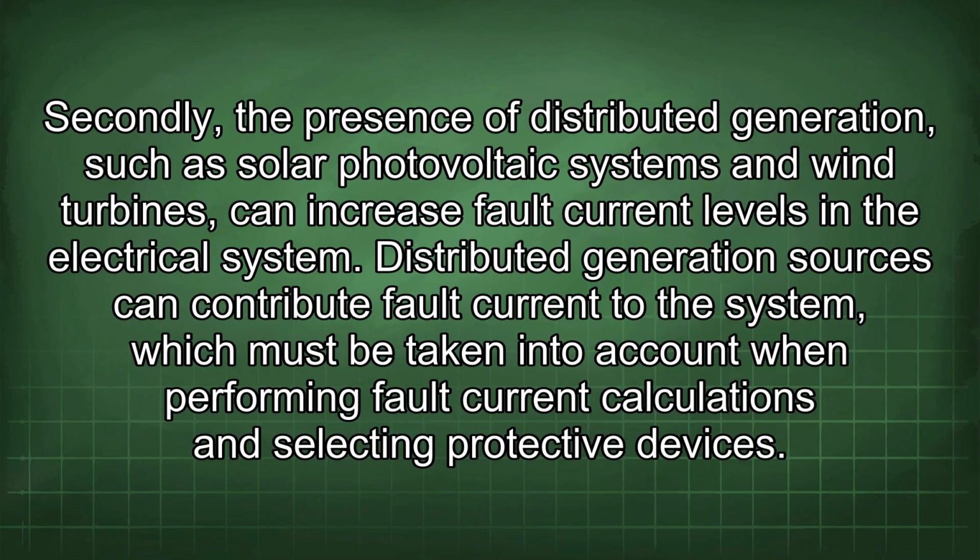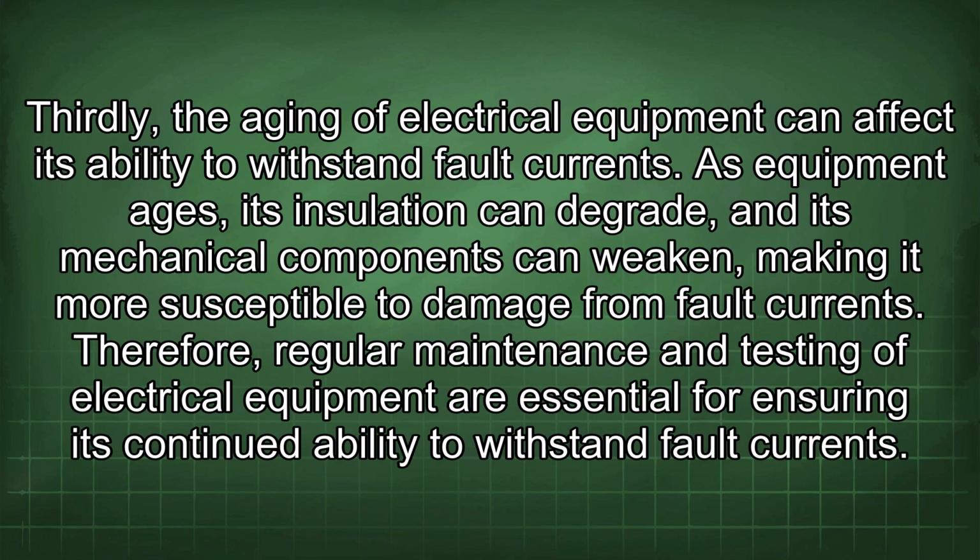Secondly, the presence of distributed generation, such as solar photovoltaic systems and wind turbines, can increase fault current levels in the electrical system. Distributed generation sources can contribute fault current to the system, which must be taken into account when performing fault current calculations and selecting protective devices. Thirdly, the aging of electrical equipment can affect its ability to withstand fault currents.